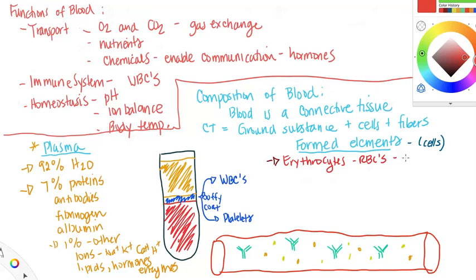Red blood cells are used in gas exchange. In fact, that's what they do, is they carry oxygen and CO2. So you're going to have lots of blood cells in here.